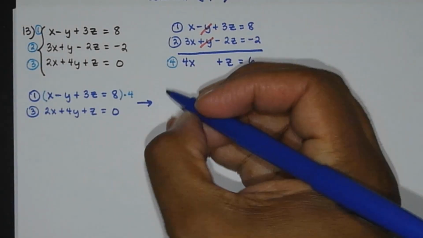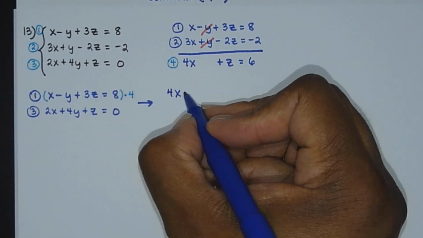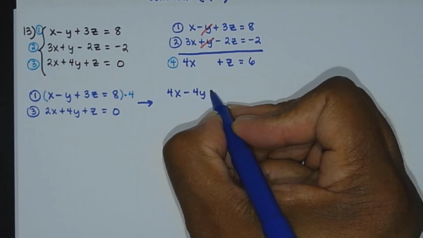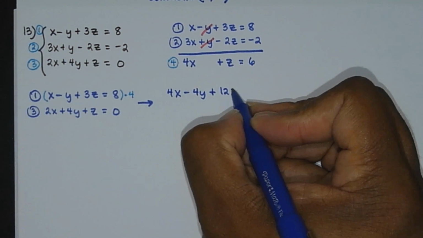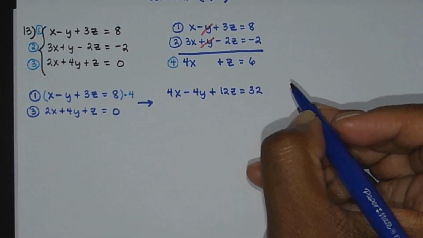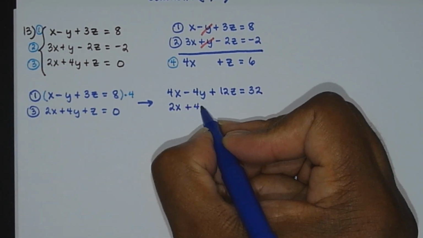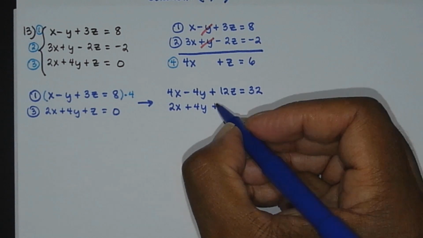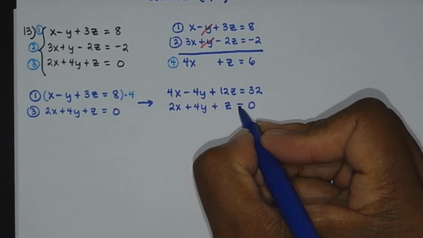So here, 4 times x would be 4x. 4 times a minus y would be minus 4y, plus 3z times 4 will be 12z, is equal to 8 times 4. That's 32. Then I'm going to bring over the 2x plus 4y plus z is equal to 0.